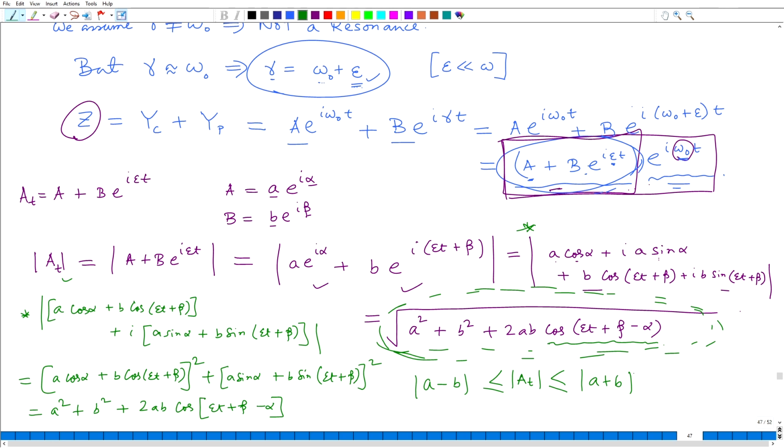You just take the positive value. Here when this cos has minus 1 value, then you will have root over (A minus B) whole square, and then you take the mod of A minus B.